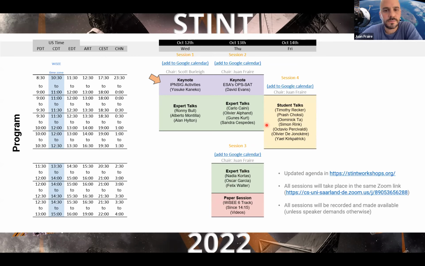You will see some talks mostly focused on delay tolerant networking, the way of thinking about networking in the space context because of delays and disruptions. But we also have some talks, for instance from Sandra Céspedes, Gunes Kurt, or Olivier Alfan, sharing some insights about IoT in space. We also share this asynchronous property with the rest of the protocols that we're studying in the other DTN domains.